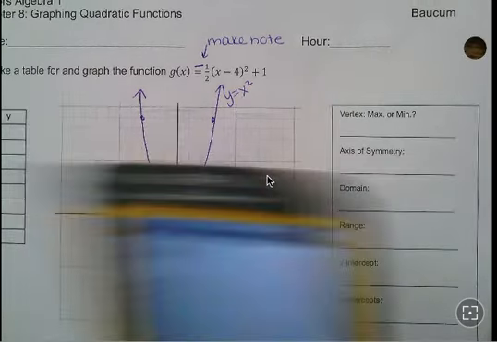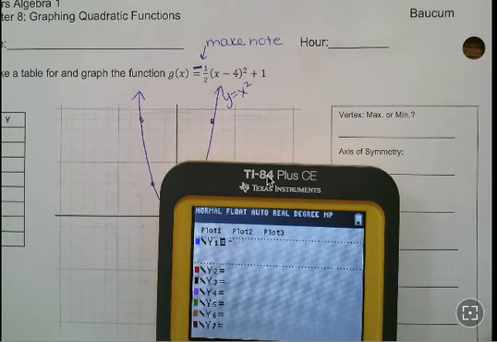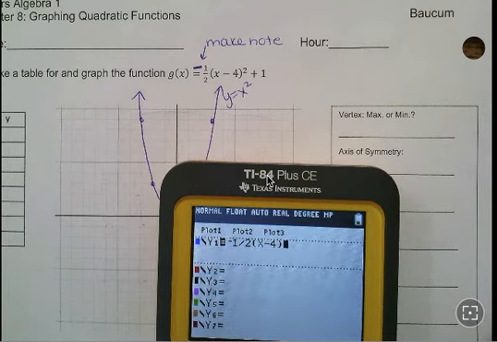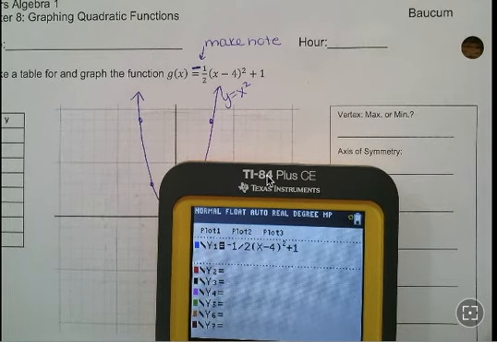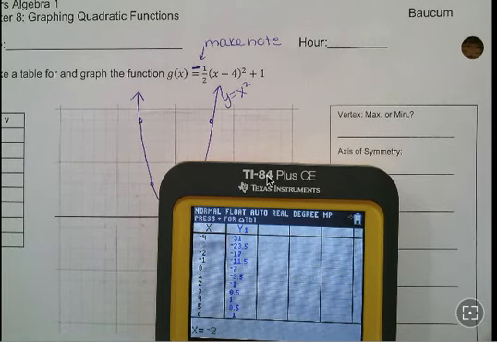Now let's go to y equals and plug this one in. So negative 1/2 times (x minus 4) squared plus 1. Okay? And then we're going to go to our table. And we get some gross numbers, but that's okay.